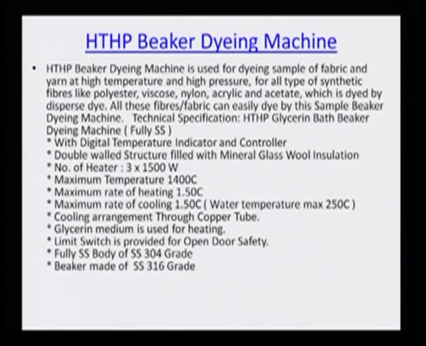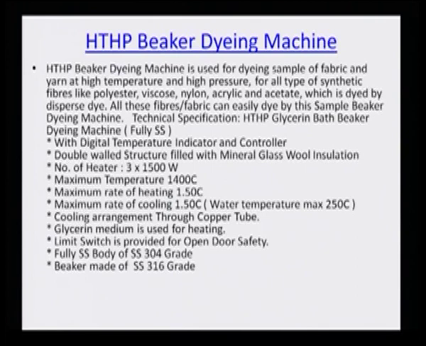Coming to the HTHP beaker dyeing machine, this is also a very special type of machine where dyeing of fabric or yarn samples is done at high temperature and pressure. As the name suggests, HTHP, high temperature high pressure beaker dyeing machine, the dyeing is carried out at a very high temperature and pressure.